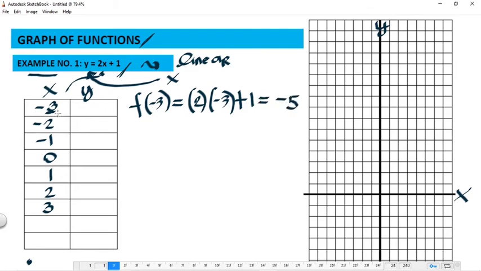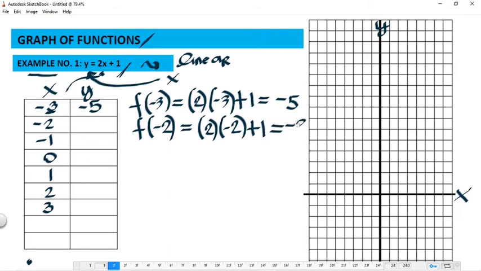Therefore, if x is -3, y is equal to -5. Let's continue with -2. So for f of -2, which is equal to y, is equal to 2 times -2 plus 1. The answer is -3. So let's write down -3 for y.